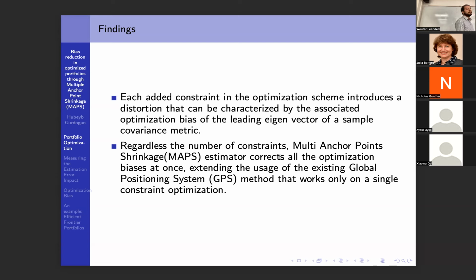So we're not attempting to fix the expected returns. We're just trying to understand how each constraint is adding to the distortion in the portfolio weights in terms of the variance, the volatility of the portfolio. In other words, we're not considering the Sharpe ratio.